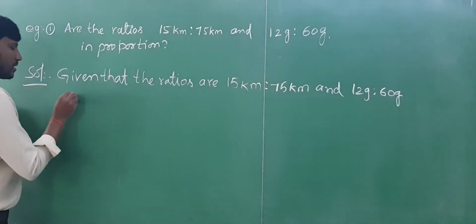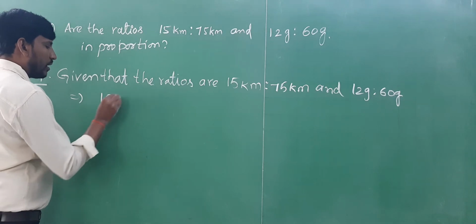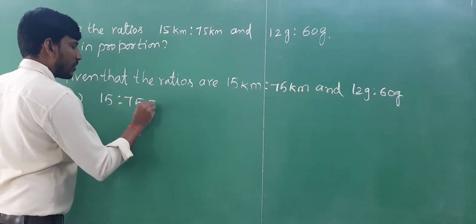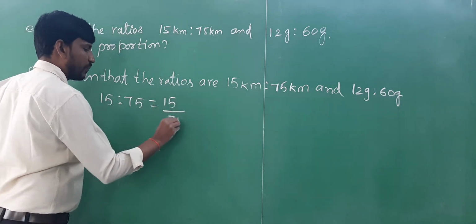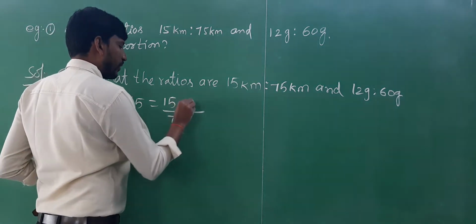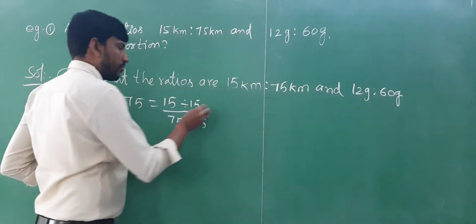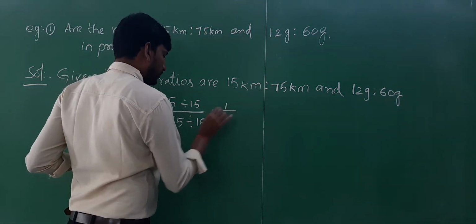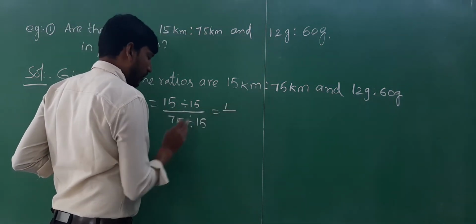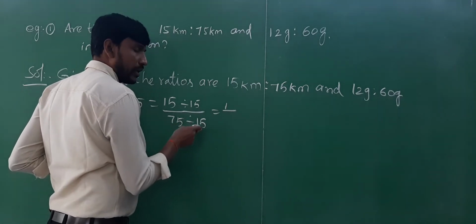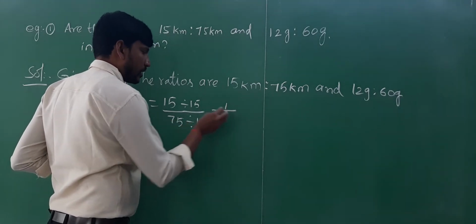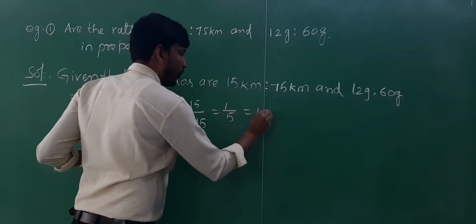So now 15 is to 75, which is equal to 15 by 75, should be divided by 15 in the numerator and denominator. Why? Both are multiples of 15. So 15 divided by 15 gives 1, and 75 divided by 15 is 5, which is 1 is to 5.